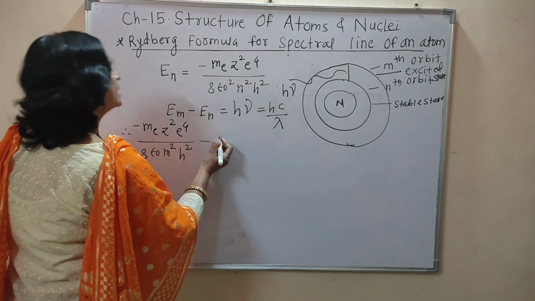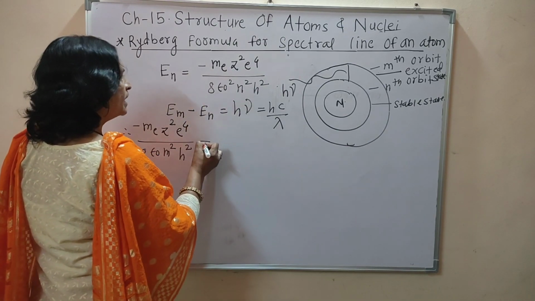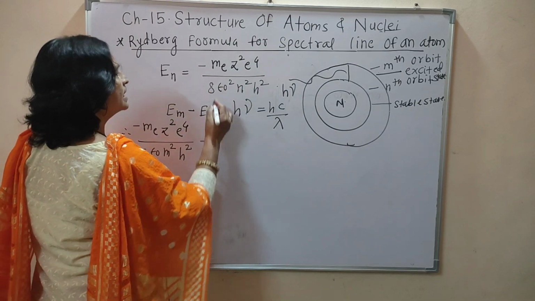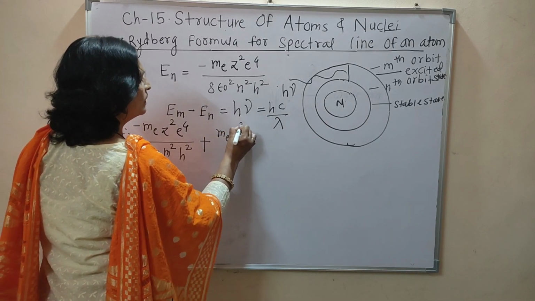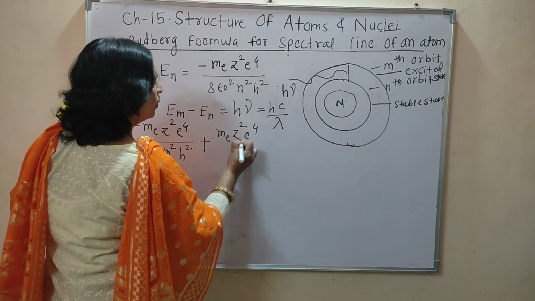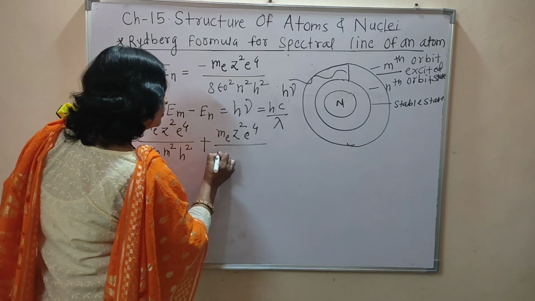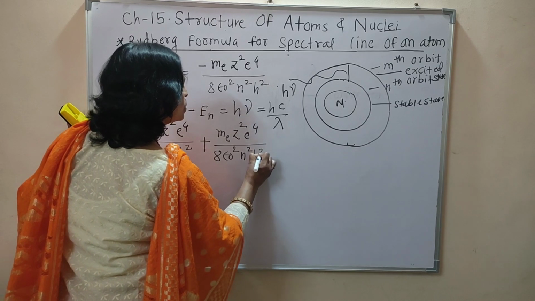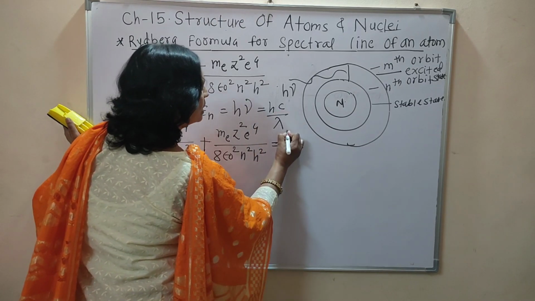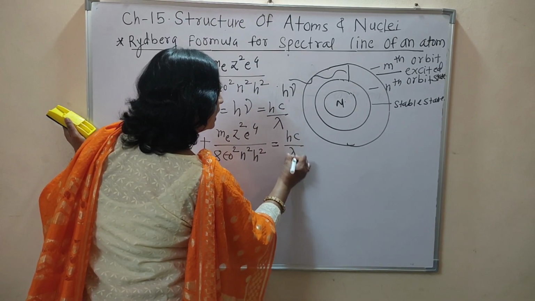Then minus into minus becomes plus: m Z square e raised to 4 divided by 8 epsilon naught square n square h square, that is equal to hc by lambda.